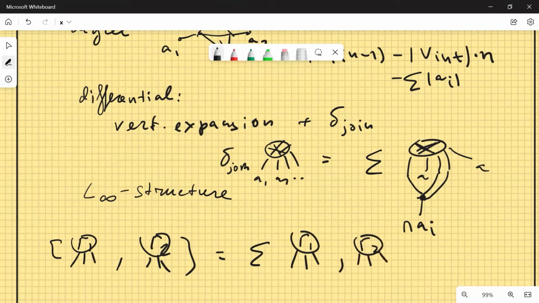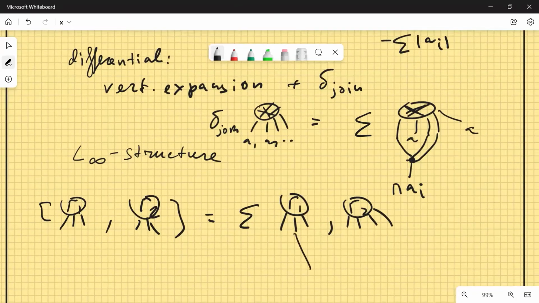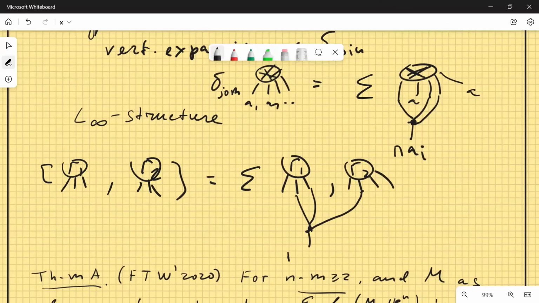So we take some non-empty subset of hairs from the first one, and also some non-empty subset from the second, and we also write here the product of labels that were joined. And the higher brackets are defined exactly the same way.